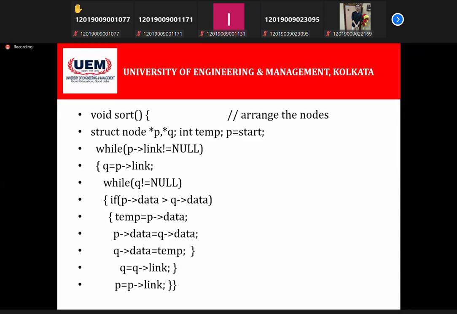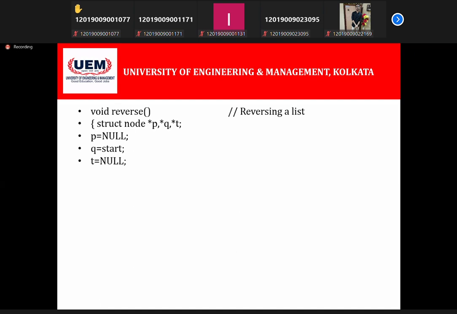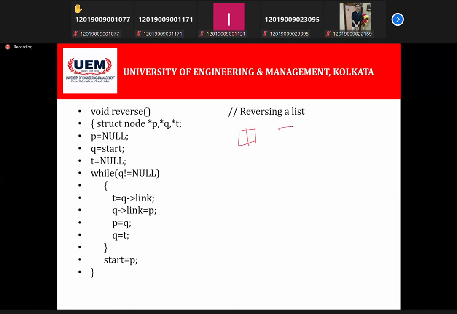So up to sorting we have done. Next we will do the reversing. The special thing is that reversing doesn't mean that it will go to the end and print the data in reverse.